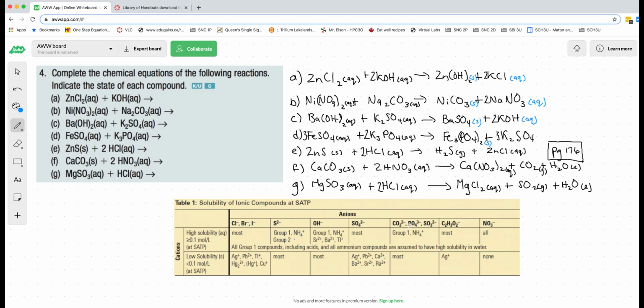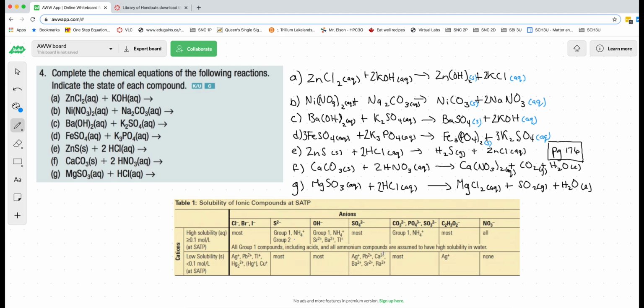Whereas sulfate, this is sulfate, SO4 2 negative. Potassium is in the most, it's in high solubility because it's not silver, lead, calcium, barium, strontium, or radium, so it is most and gets an AQ. Remember, it's an either or question.